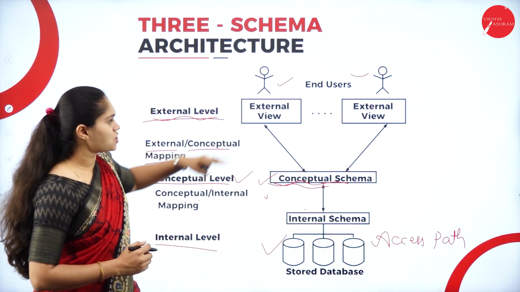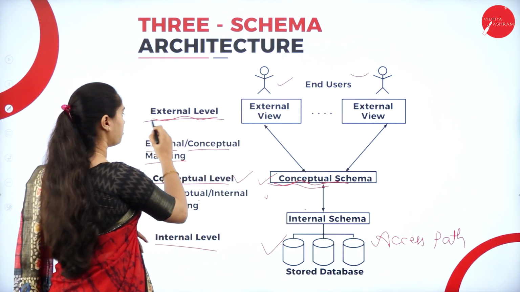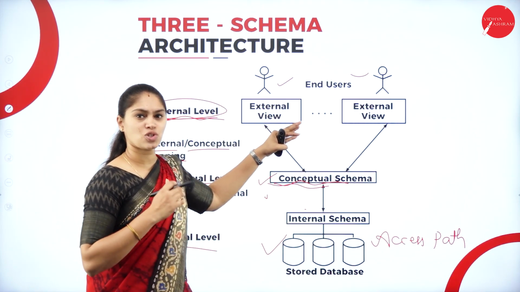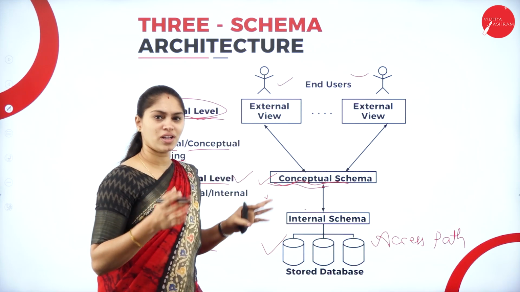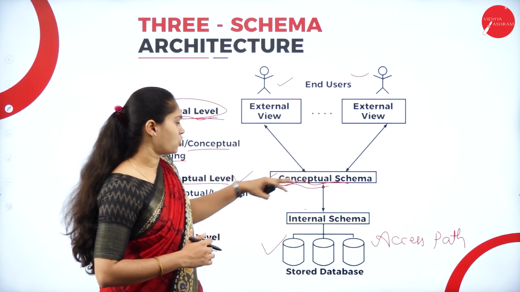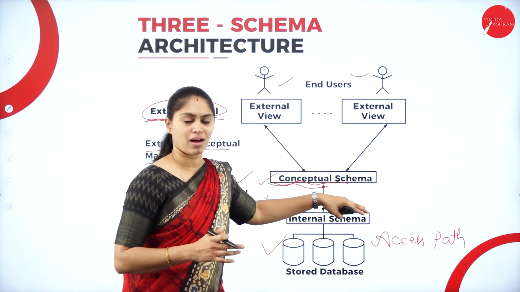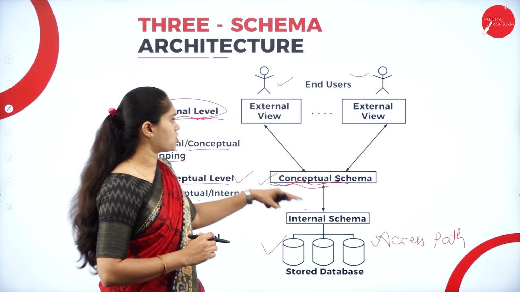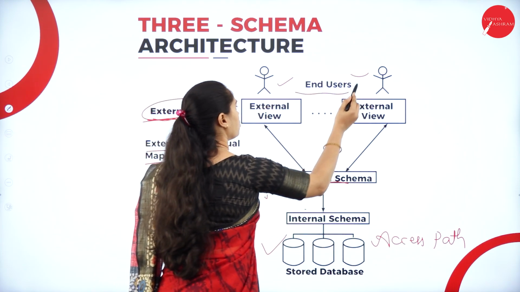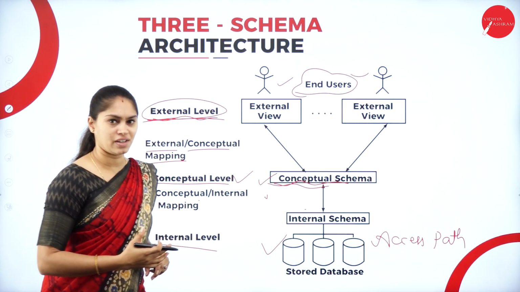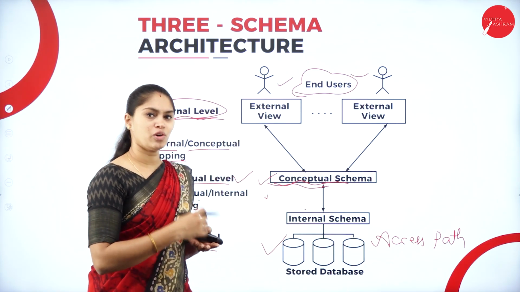So at last we have the main level or first level, that is the external level. In the external level, the abstraction will be more. The user will not get to know what is happening inside, but they can understand what is happening in the conceptual schema, but they don't have access to the internal schema. For the end users, we already know the types of end users, and each end user will get the benefit based on the type of view they want.